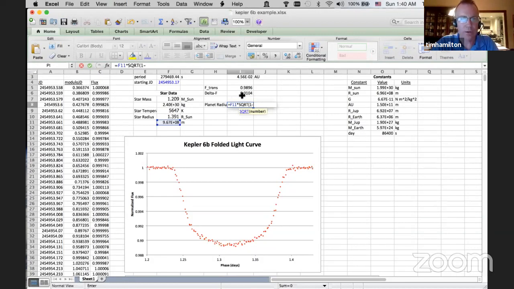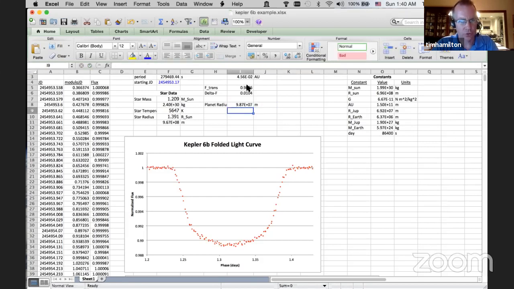We didn't even need to take delta F, although that tells you how much it drops. Okay, 1 minus F transit divided by F total, which is 1. So just that. And that's in meters there.